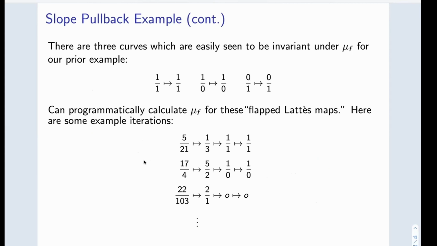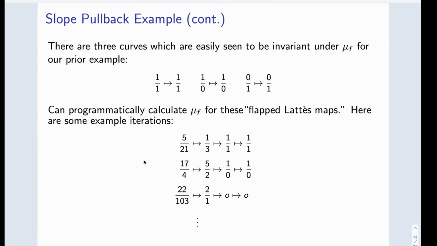So here is a couple of iterates of different input values under mu f. So we see, for example, that 5/21, which would have been quite hard to draw, will actually get sent to 1/3, and then it gets caught in a 1/1 loop. And similarly, 17 over 4 will get sent to 5 over 2, but then it gets caught into another invariant loop.